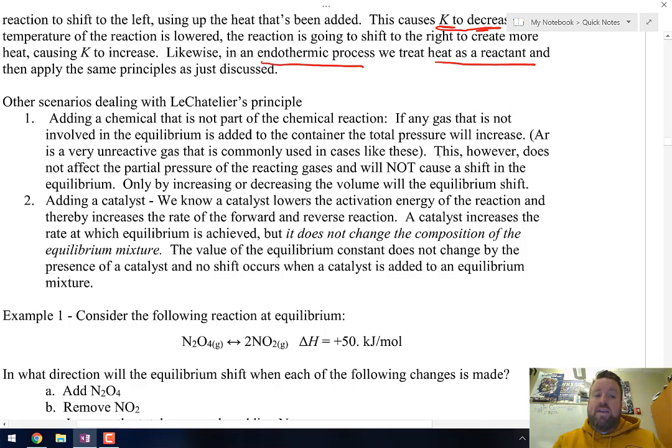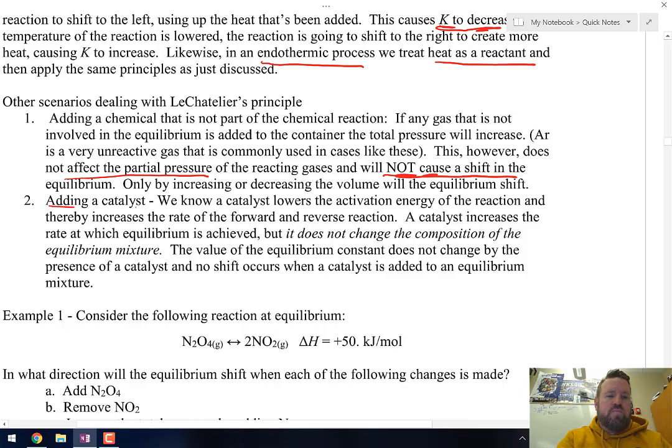So in that case, it does not affect the partial pressures of the gases, because remember the kinetic molecular theory, gases don't take up any space, even though they actually kind of do. So it doesn't affect the pressure of the other gases, and it does not cause a shift in the equilibrium. Only by increasing or decreasing the volume will it cause a pressure change that will cause the equilibrium to shift. So adding a gas that's not directly involved will not cause a shift.